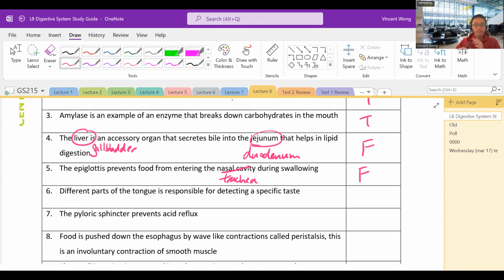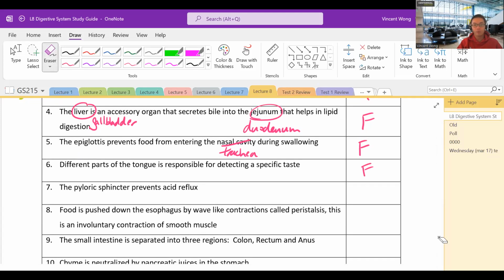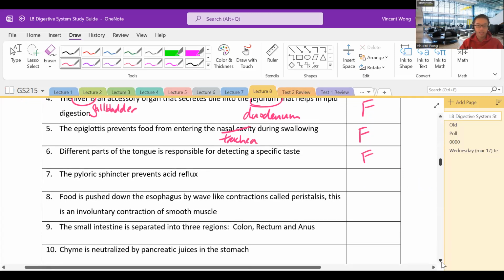Next one: different parts of the tongue are responsible for detecting a specific taste. That's not correct. You've probably seen a diagram where this is the tongue and they say that's for salty, that's for sweet, and bitter is at the back. But it turns out the whole tongue is sensitive to all the different tastes.